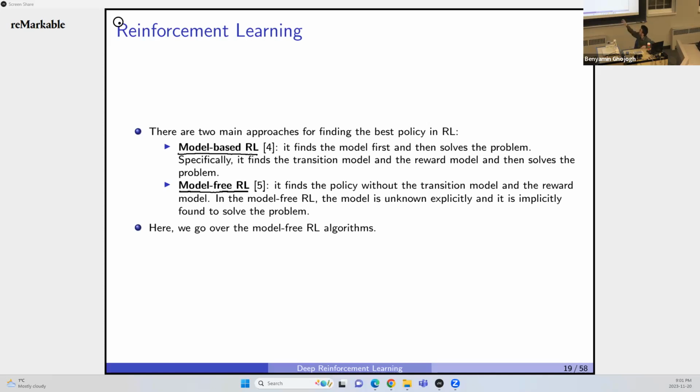But in model-free, you don't do it. You go for it without knowing the transition model. Here we are talking about model-free RL algorithms. By the way, references 4 and 5 are surveys on each of these categories.